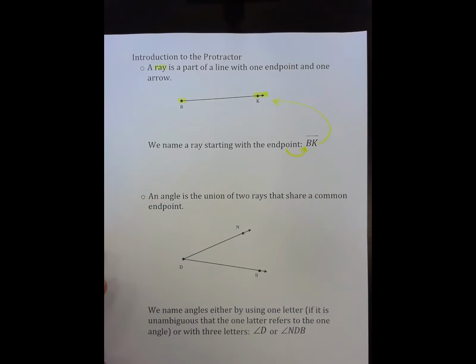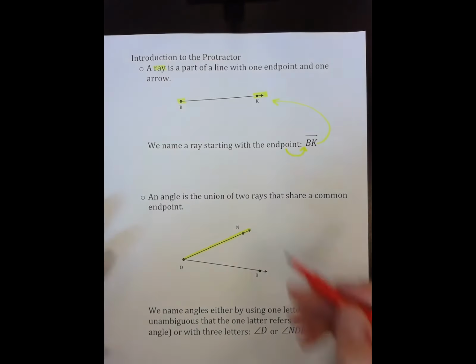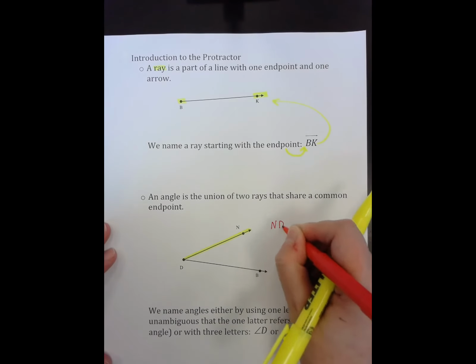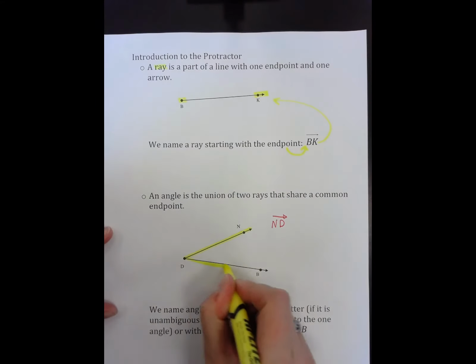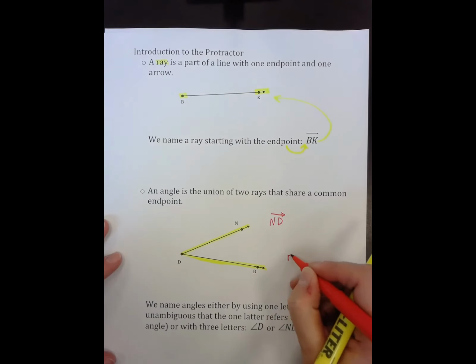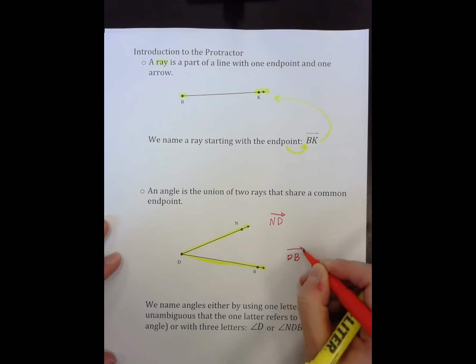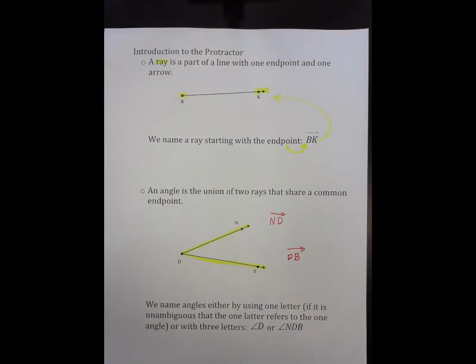So here we have the ray ND, the ray symbol on top, and we have the ray DB, again with the symbol of the ray on top.